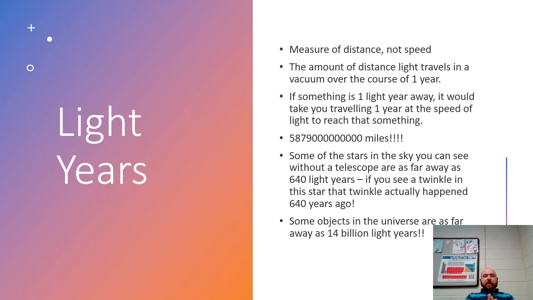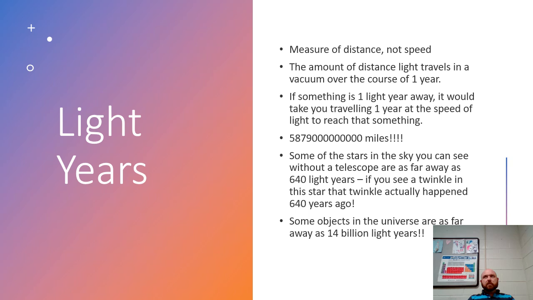One of the concepts I would like you to understand from this discussion is that of the light year. Light years are a measure of distance, not speed or time, as they're often confused with. The distance that a light year covers is the amount of distance that light can travel over the course of 1 year in a vacuum, because it moves faster in a vacuum than anywhere else.